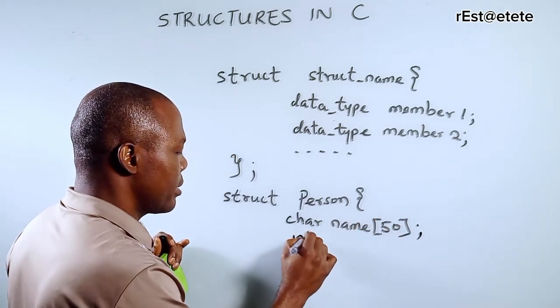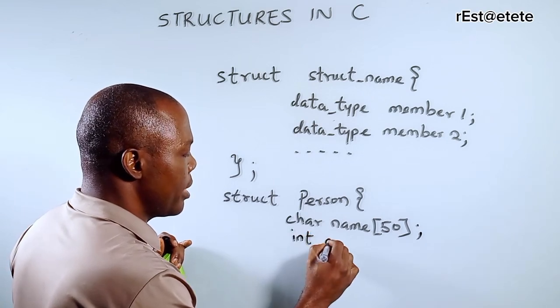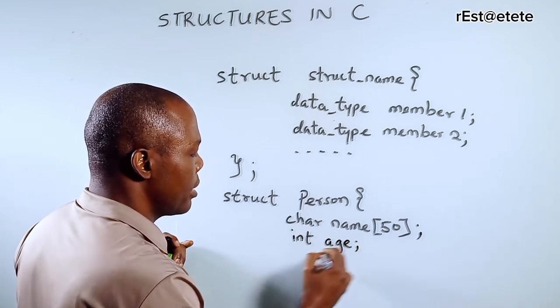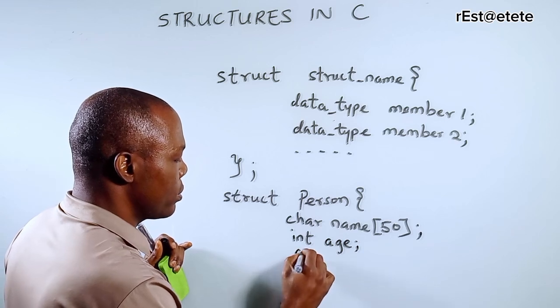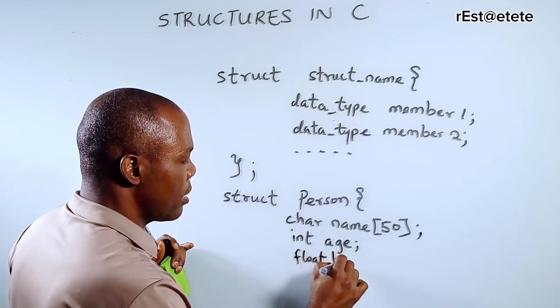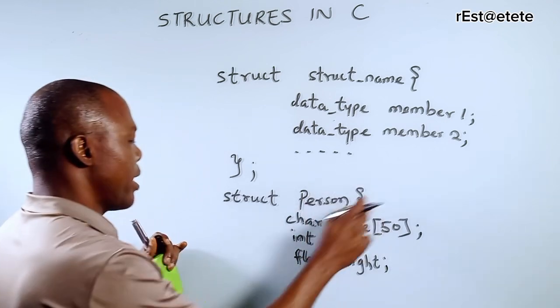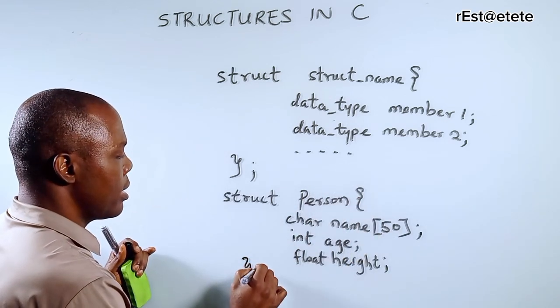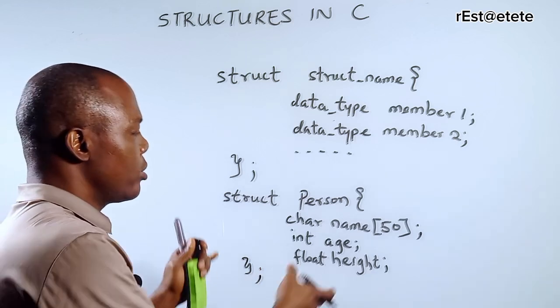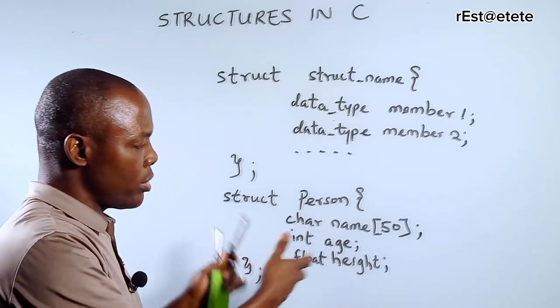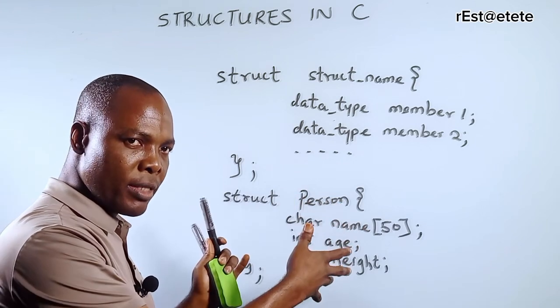Then int age. Then float height. So I close this, and then I do this. So this is my structure that I've created for a person.